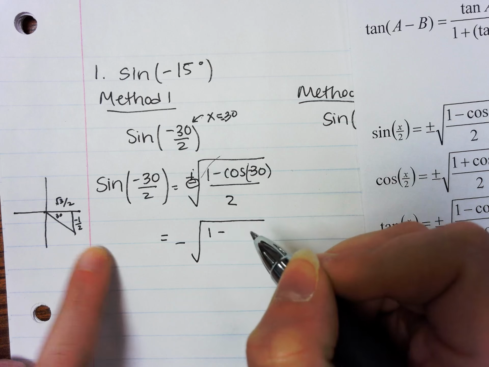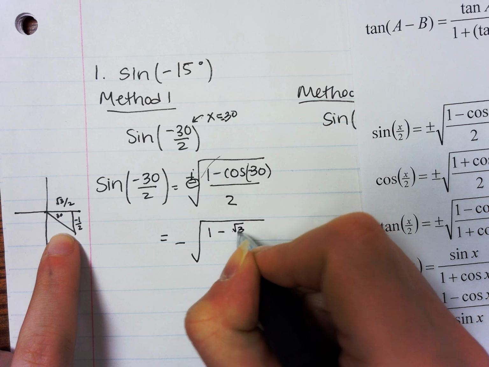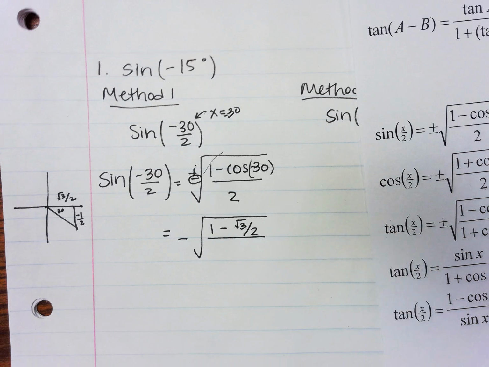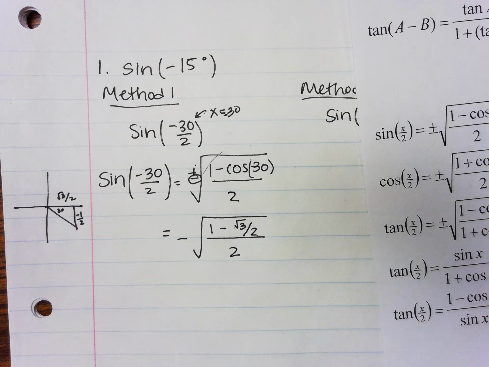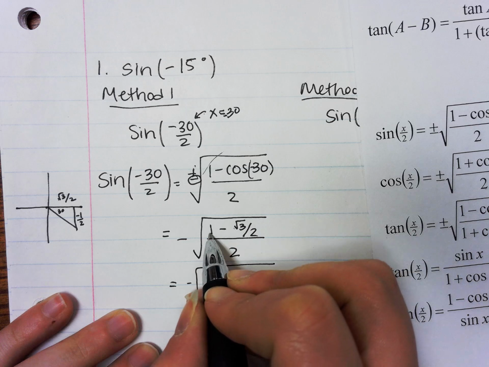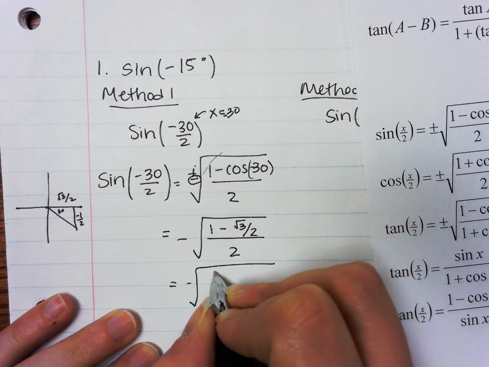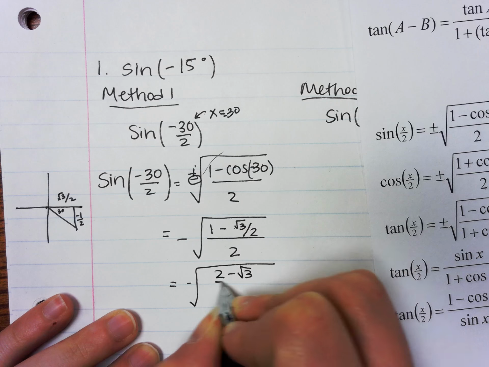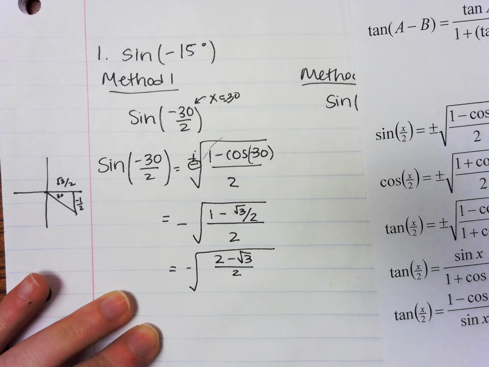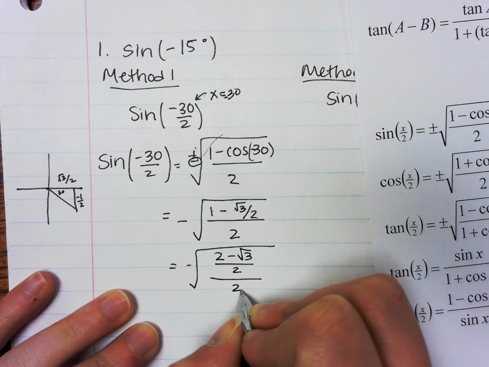So we have 1 minus cosine of 30, which is root 3 over 2, all over 2. And when we evaluate that, we simplify the top, so we find a common denominator. This is 2 over 2, so 2 over 2 minus root 3 over 2 means we have something that looks like this, and that's all divided by 2.